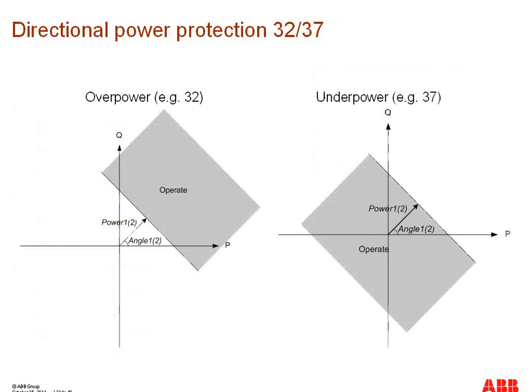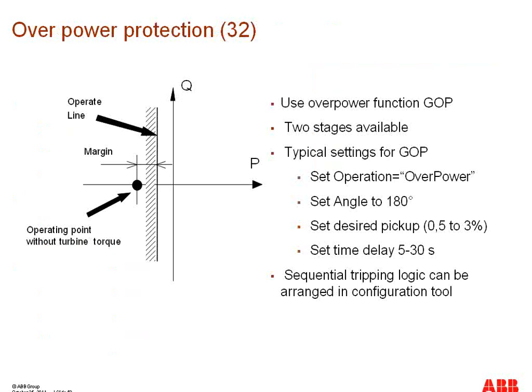Both the overpower relay as well as the underpower relay are used to detect the power direction criteria, and in combination of both, this protection works. For the overpower protection, one should set the relay to trip if the power flow from the network to the generator is higher than 1%, depending on the type of the turbine.